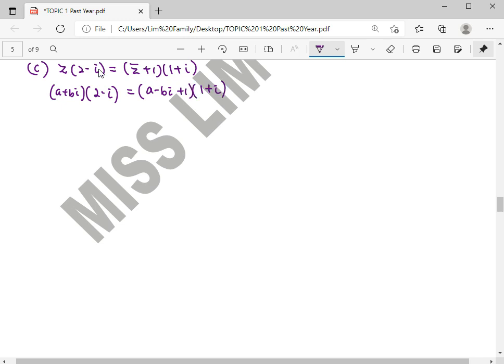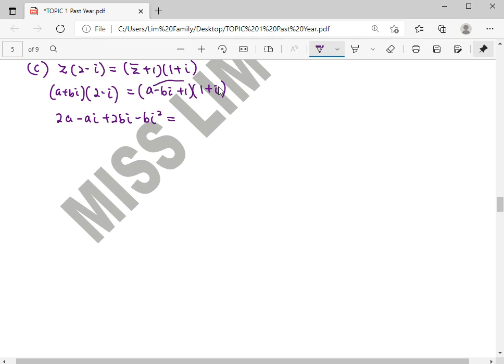So from here, we have to do the comparison between real part and imaginary part in order to solve for a+b. So from here, we expand first. This is what we get: 2a minus ai, and then plus 2bi, then minus bi squared. Okay, so we finish expanding the left. How about the right? This is how to expand.